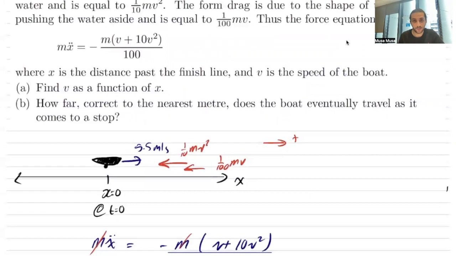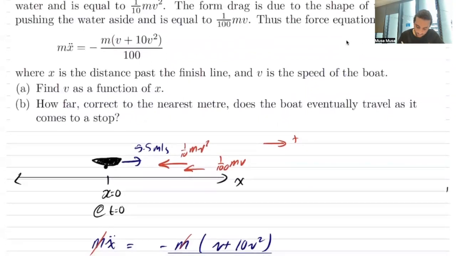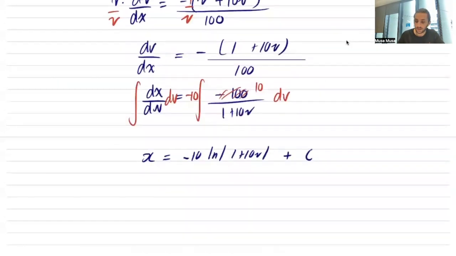So I need v equals something in x, but I have some initial information. At x equals 0, v equals 5.5. So let's find out what this is. 0 equals minus 10 ln of 5.5 times 10 is 55, 55 plus 1 is 56, plus c. So c equals 10 ln 56.